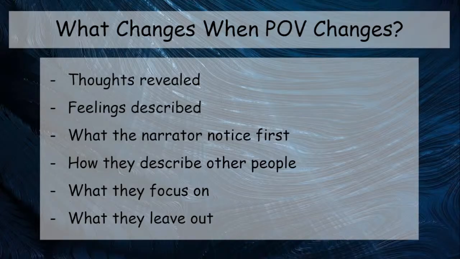What they focus on and what they leave out is also important because let's say there is one person in an argument. If they did something wrong, they might leave that out to make themselves sound better. But if the other person did something wrong, they would focus on that so that they would make themselves sound better that way.